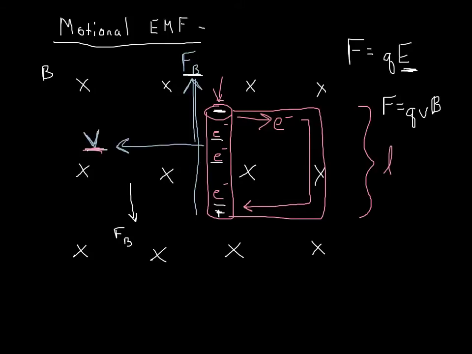And this is going to be equal to the charge times the electric field, the induced electrical force. I can set these two equal to each other. These are the same forces. The magnetic force that's induced is the same as the force that actually induces my electric field. So I get that Q times E is equal to Q times v times B.